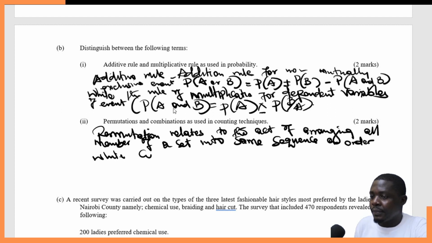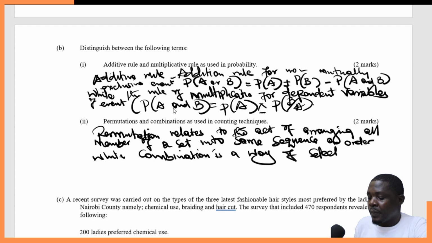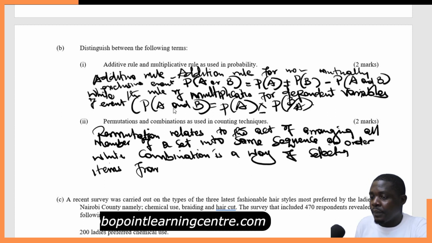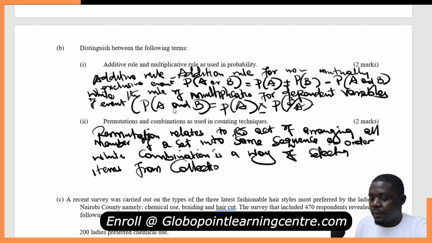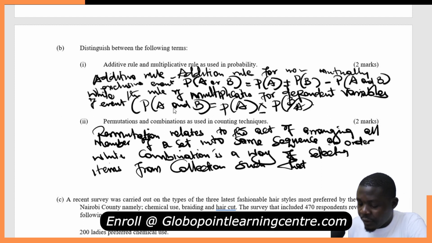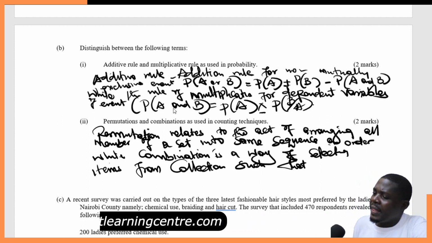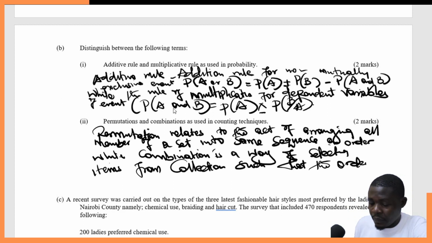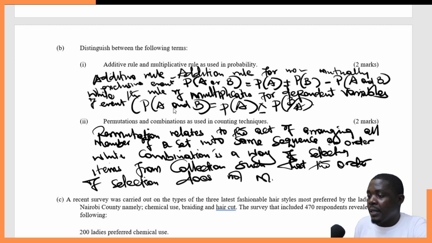while combination is a way of selecting items from a collection such that the order of selection does not matter.